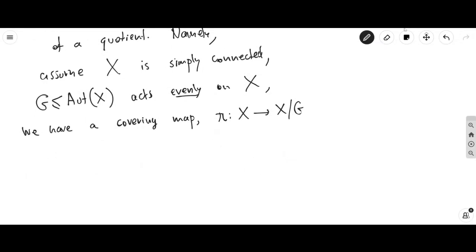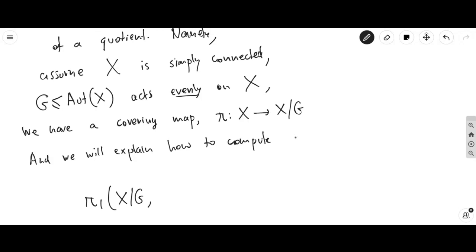So we have a covering map between these two spaces. And we will explain how to compute the fundamental group of the quotient at a certain point. It doesn't really matter which one.